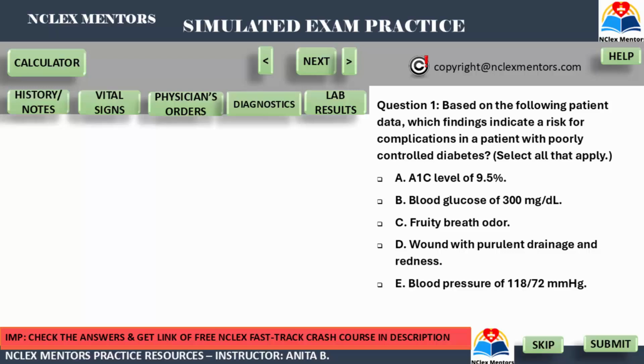The patient's history reveals they have a history of poor glycemic control. To answer the question, candidates need to consider all these cues, fever, elevated blood sugar, and infection signs, to identify which findings are most concerning and require immediate action.